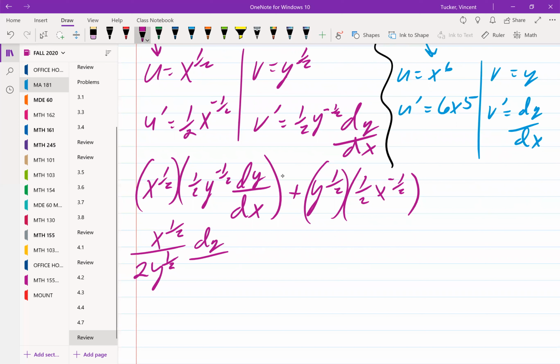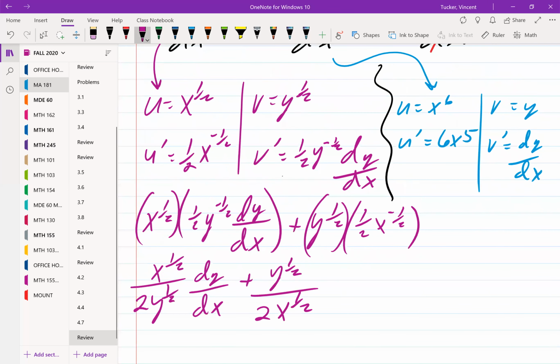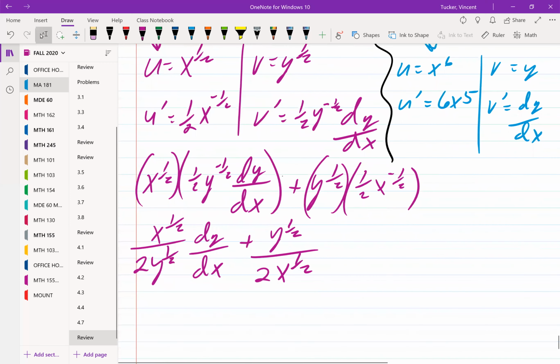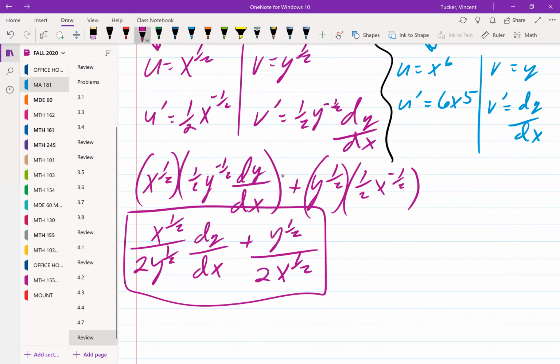That's dy dx plus y to the 1/2 times 1/2 x to the negative 1/2. All right, so this is that one piece over here.